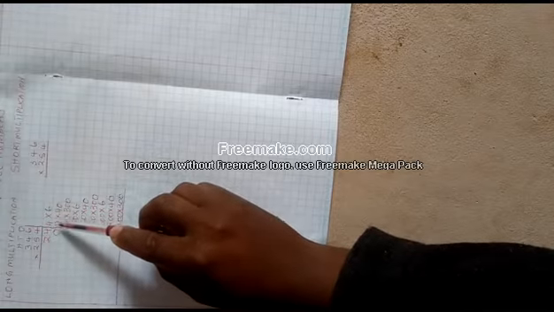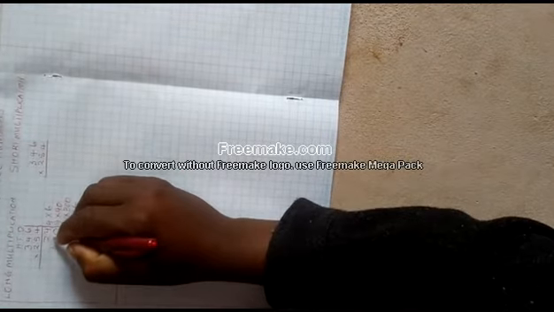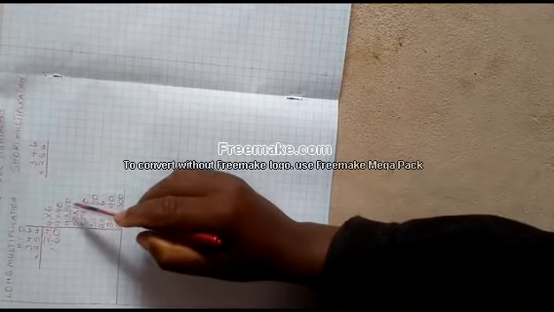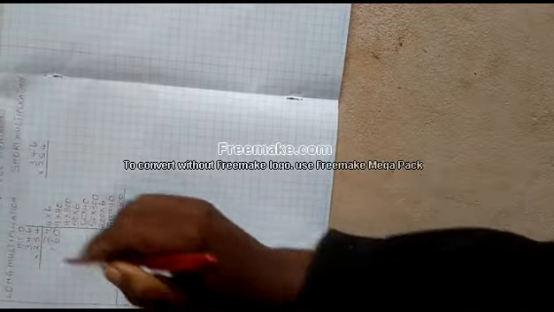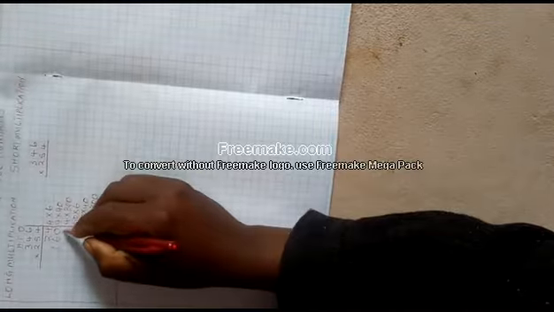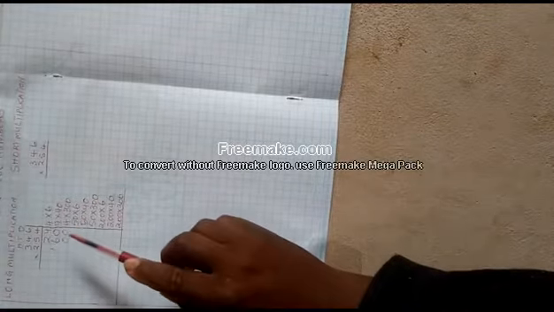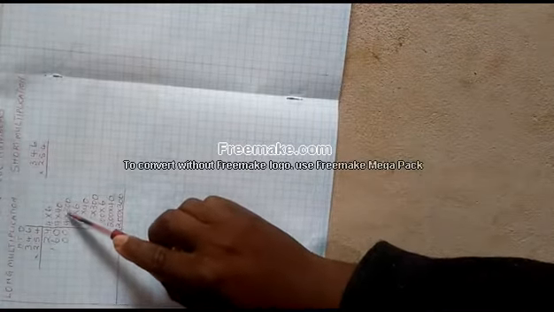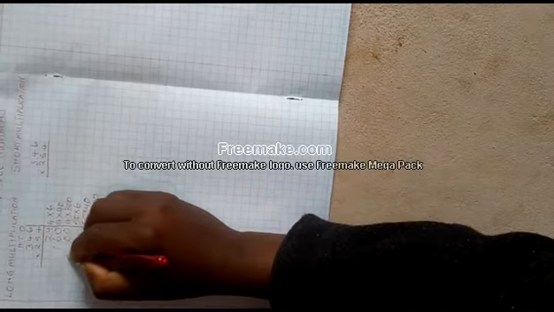Now you just say 4 multiplied by 4, which is 16. So 4 multiplied by 40 is 160. Here you have got 2 zeros. So you just take these 2 zeros, you write them there. Now you are left with 4 multiplied by 3, which is 12. So 4 times 300 is 1200.